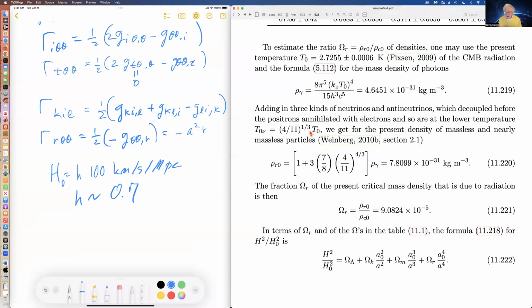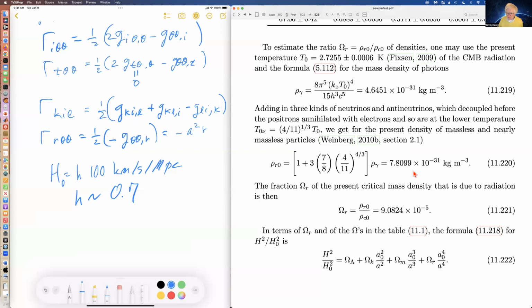And so when you add them in, there are 3 different kinds, and then there are some geometrical factors that have to do with the way the Planck distribution changes when you go to fermions, and in particular, spin 1/2 fermions. You get these factors. And so adding the neutrinos to the photons, you essentially double the thing, or almost double it.